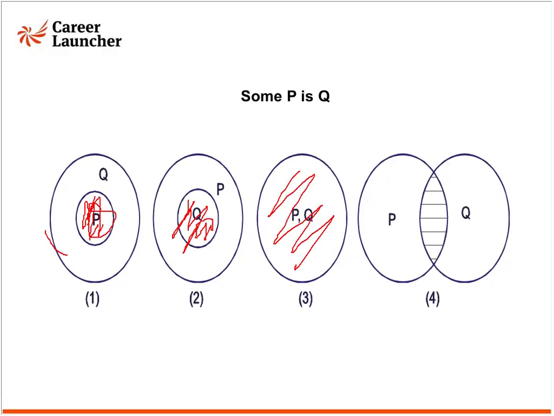Here again in this case 4, we see that this portion of P is Q.